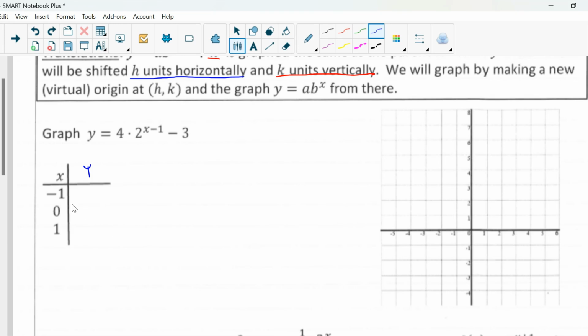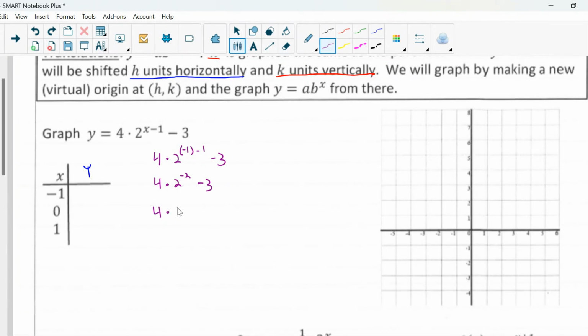So first of all, if we were to substitute -1 into this function, that would give me 4 times 2 to the -1 minus 1 power minus 3, which would just equal 4 times 2 to the -2nd power minus 3. 2 to the -2nd is 1 over 2 squared, which would just be 1 over 4.